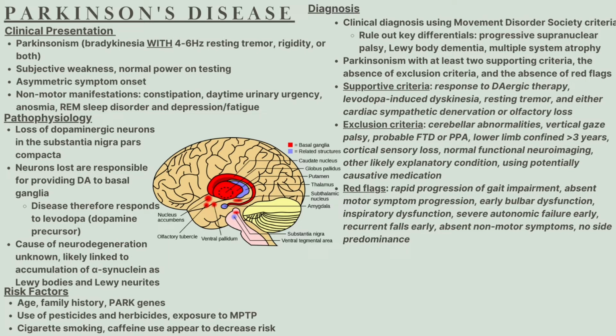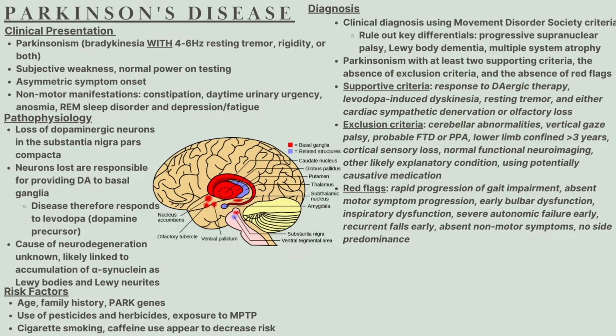Further, where the Parkinsonian symptoms have been confined to the lower limb for more than 3 years. Another exclusion criterion would be the presence of cortical sensory loss. So, for example, the loss of stereognosis, which is the ability to identify solid objects by touch, and the loss of graphesthesia, which is the ability to identify writing on the skin purely from touch.